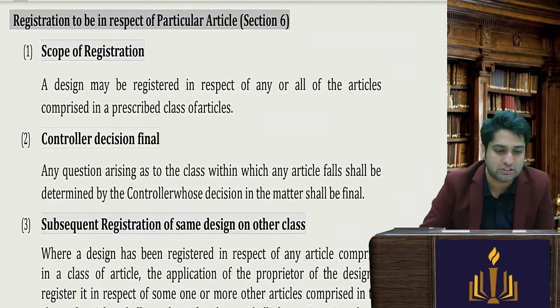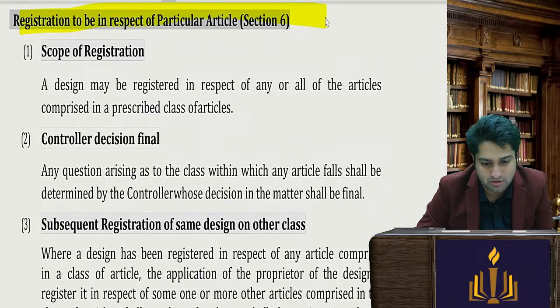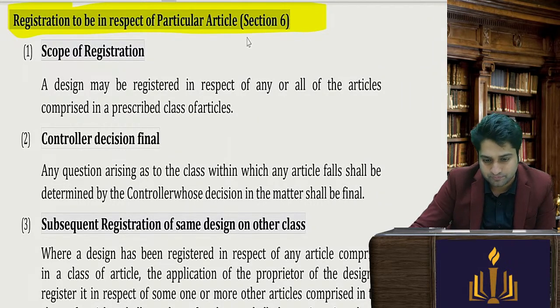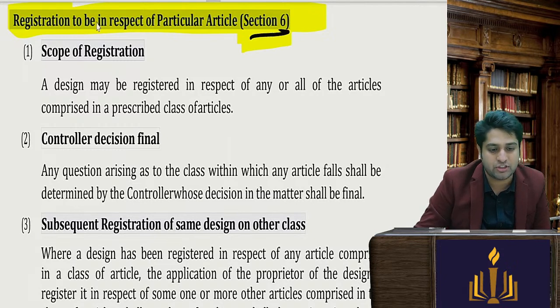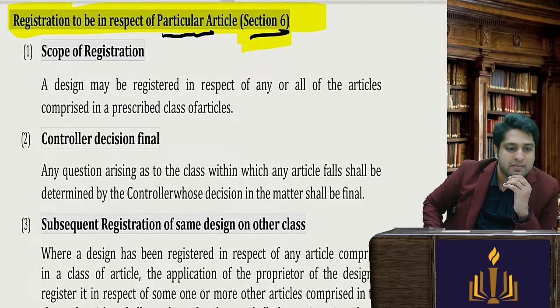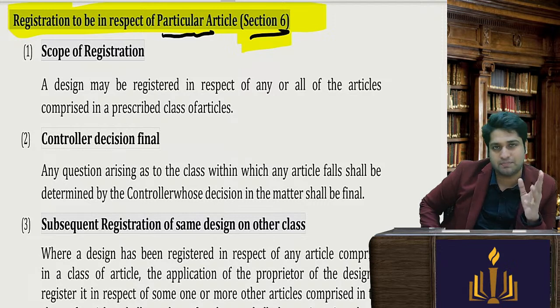Now coming to registration to be in respect of a particular article. Section number 6. What are they talking about? Let's see. It's a very interesting aspect which I will share with you.